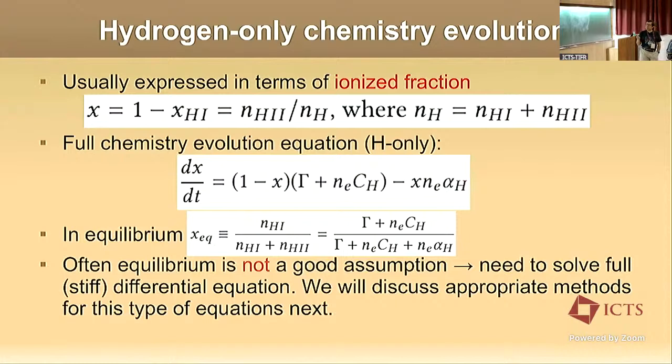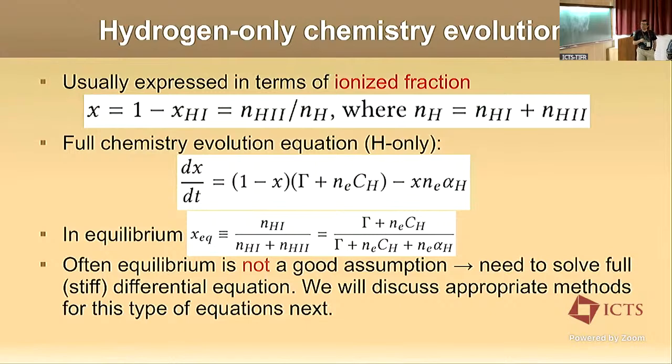Normally that's not a very simple equation to solve, even in this relatively simplest case of hydrogen only. But one thing that you can notice is that if you have an equilibrium, so nothing changes over time, then this derivative, of course, becomes 0, and you can solve for x. Not very difficult. And what you get is that x is some combination of all these quantities.